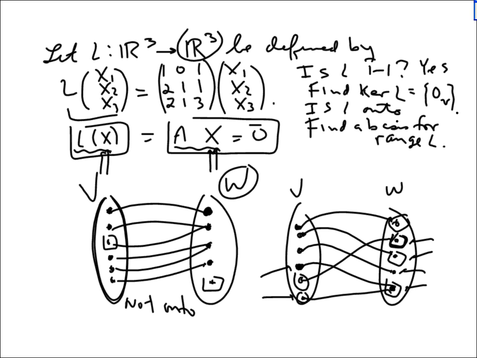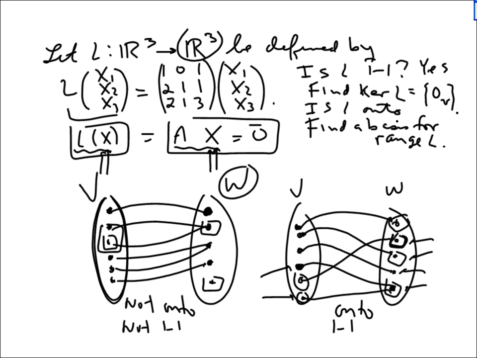Now this mapping is onto, but let's go to the left one. The left one is not even one-to-one, because I have two different elements going to the same element in W. Now, this one here is one-to-one.